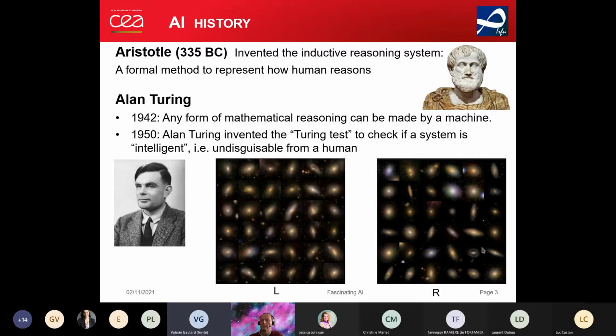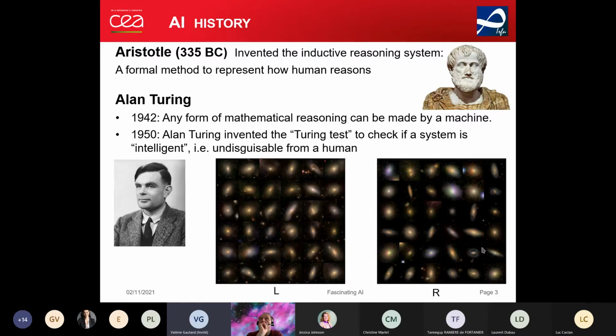Let's do now a big step into history. In 1942, Alan Turing shows that any form of mathematical reasoning can be made by a machine. He invented the so-called Turing test to check if a system is intelligent or not.